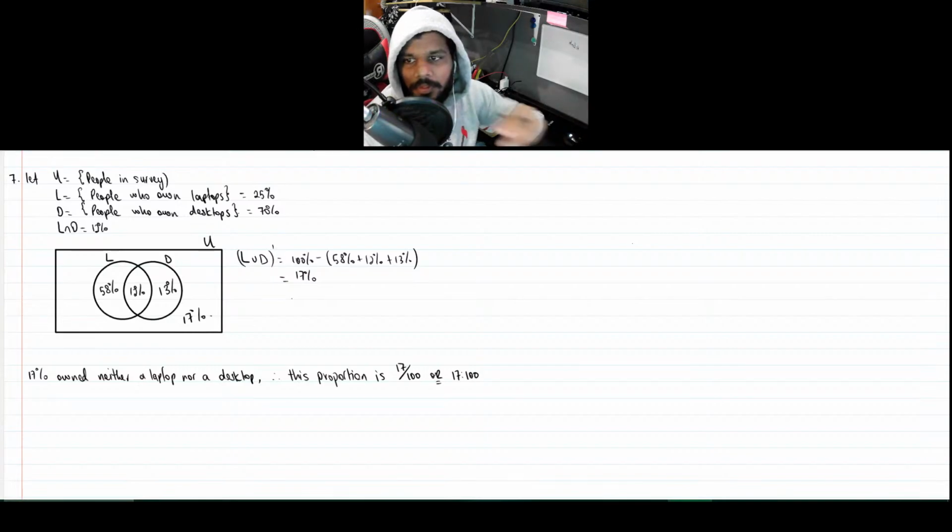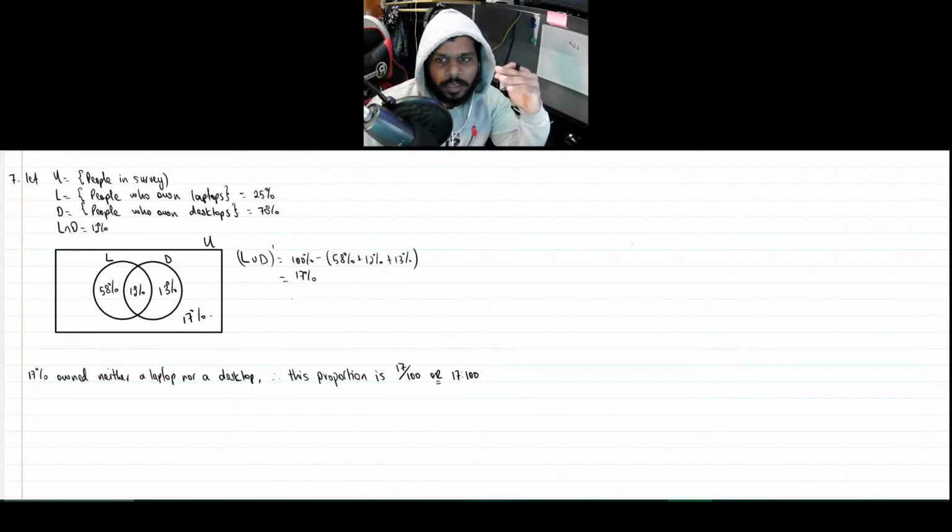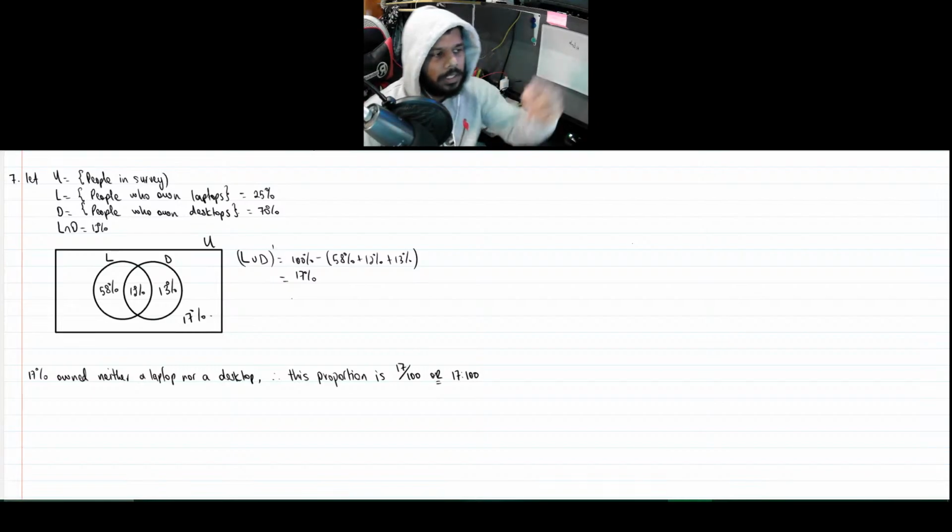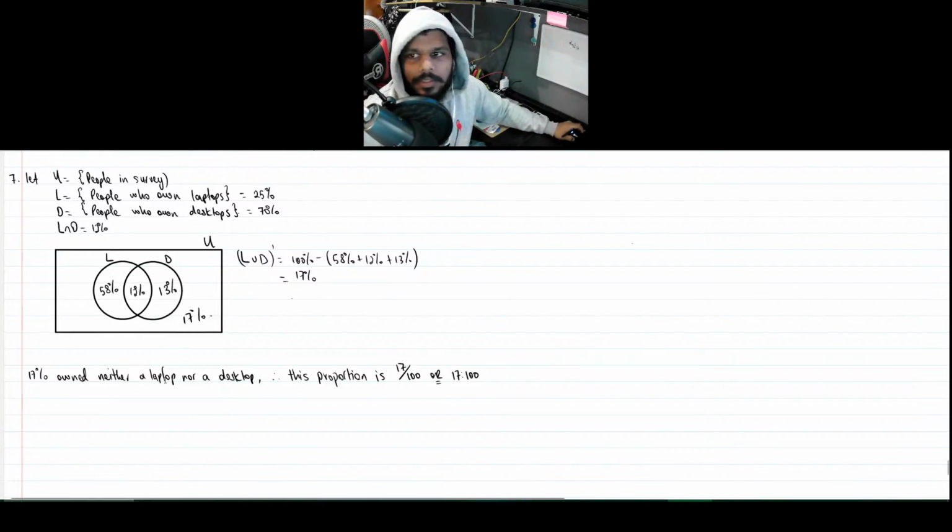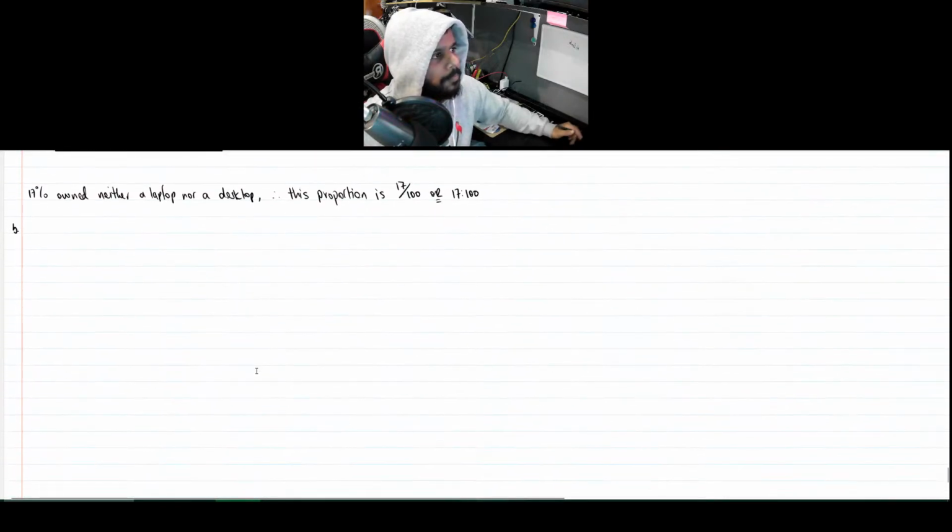Next, a bag contains 4 red marbles, 3 black marbles, and 3 blue marbles. 3 marbles are drawn at random without replacement from the bag. Find the probability that the 3 marbles drawn are all the same color. This was part A. This is part B. Let me draw a little diagram for this.